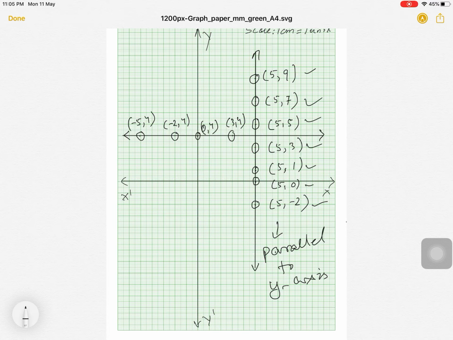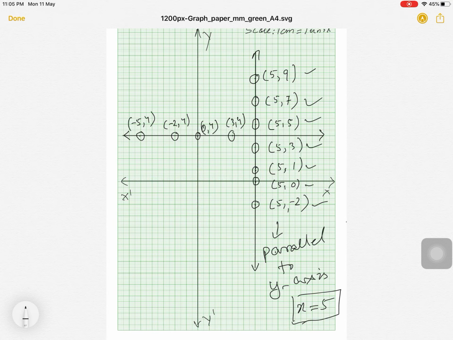That means here you see the values of x are fixed. All the values of x are 5, and the value of y varies. So I can write it as x equal to 5. Okay, this is the line which is parallel to the y axis.